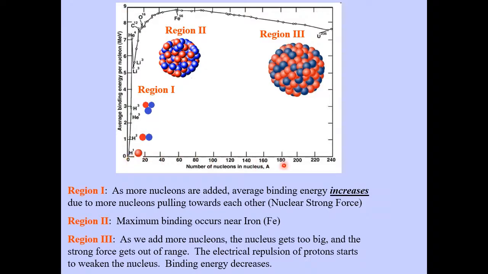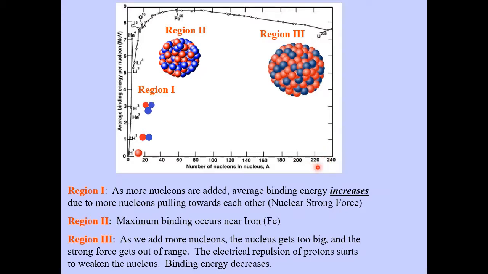And this axis down here is just the total number of nucleons, which remember is given by A, the atomic mass number. This is the total number of protons and neutrons added together. So over here, these are the small nuclei, and as we go to the right on this graph, we're getting to the larger nuclei.